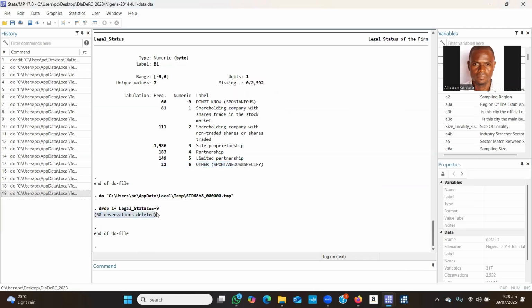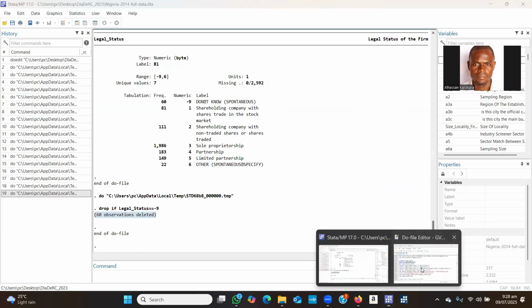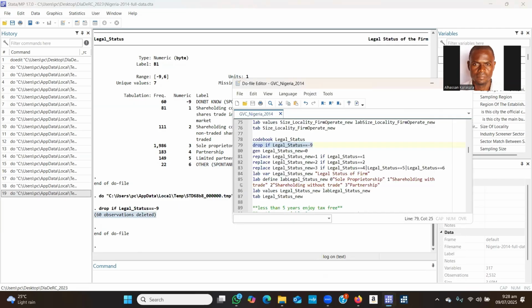They are gone. After you do that, it's the same procedure that you have to do with the gender variable, as we said. This one has more than 2 categories. So generate legal status underscore new. That is a new variable I'm giving after the legal status variable.